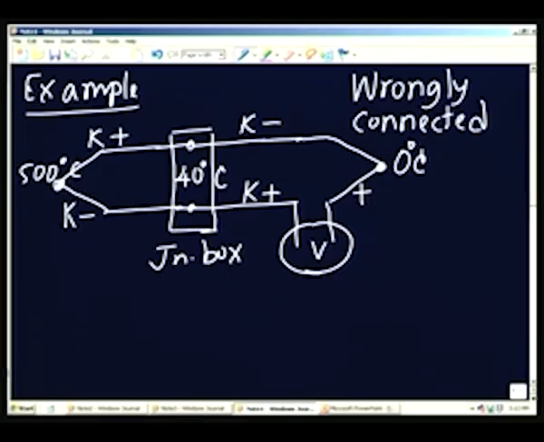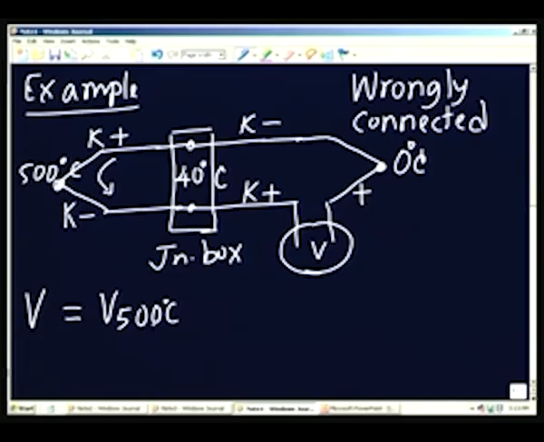For this, we can find out what is the voltage read by the voltmeter. We can go around the circuit. We will see that V corresponding to 500 degrees is due to the hot junction. This is from plus to minus. I am going from this direction, or you can go in the other direction, it does not matter how you are going.